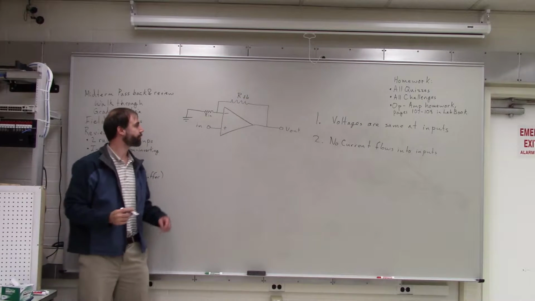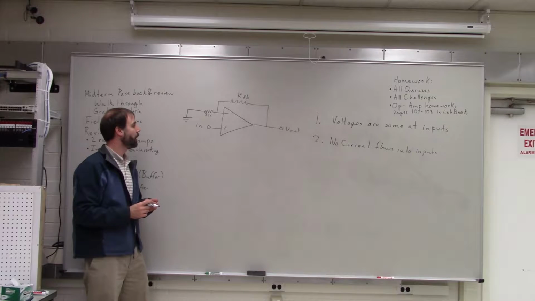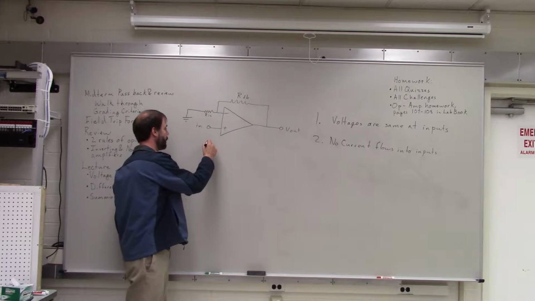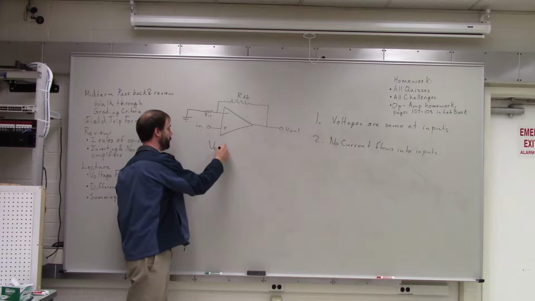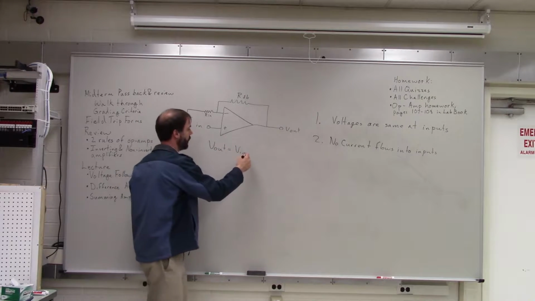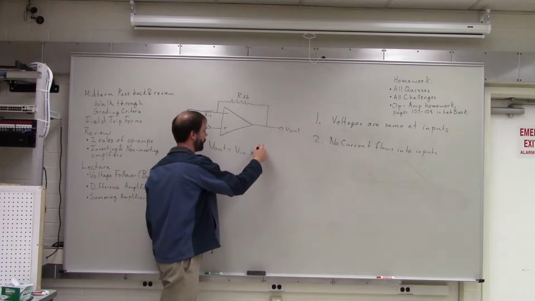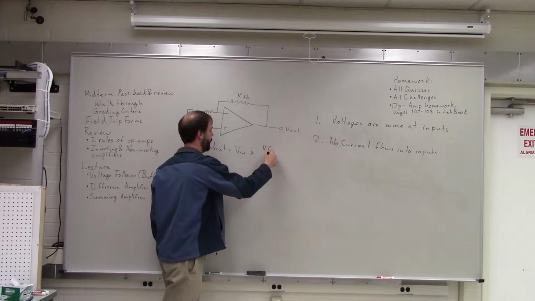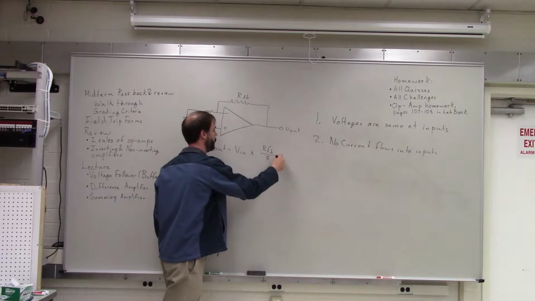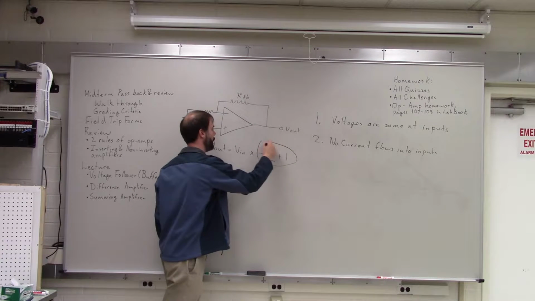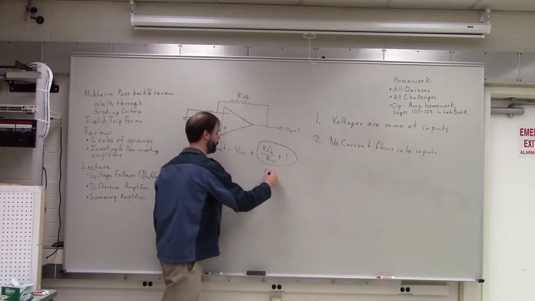So, what we found in this case was that V out equals V in times R feedback divided by R in plus 1. So here, this whole quantity was our gain.